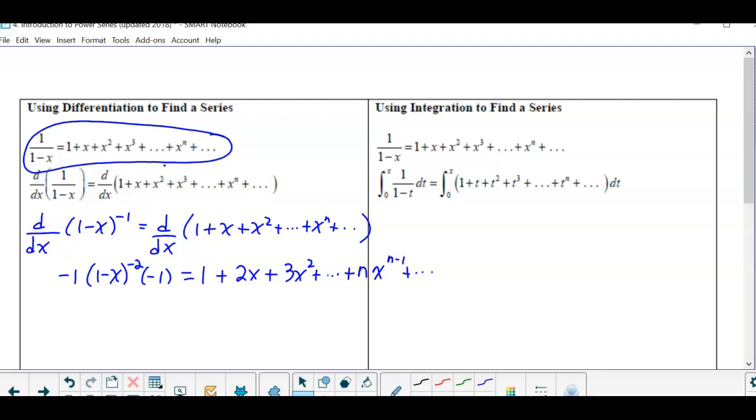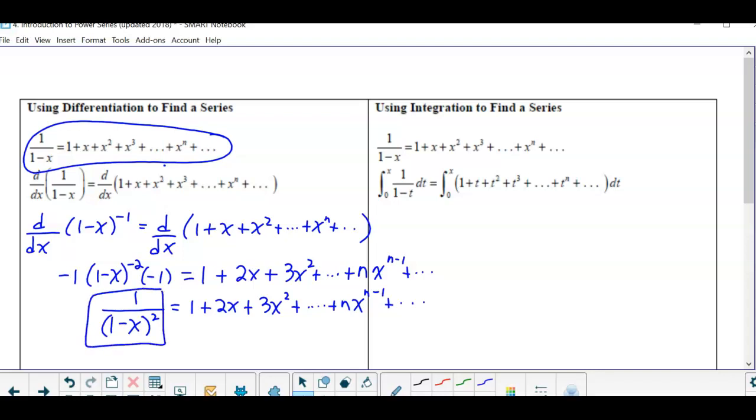Let's simplify this a little bit. A negative 1 times negative 1 is positive, so that's going to be 1 over 1 minus x squared. That is now the function that approximates this series.